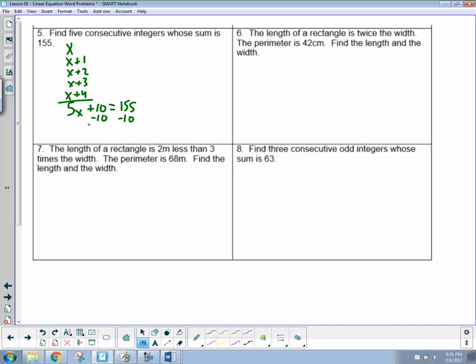I'm going to bring this up here because I'm running out of space. 145 divided by 5 and we get, excuse me, 29. Again, that's 29, 30, 31, 32, 33.